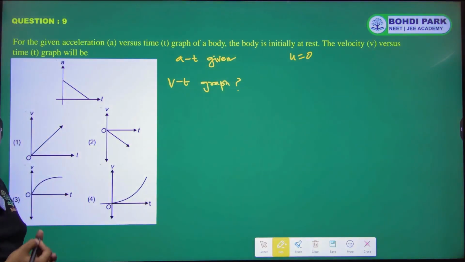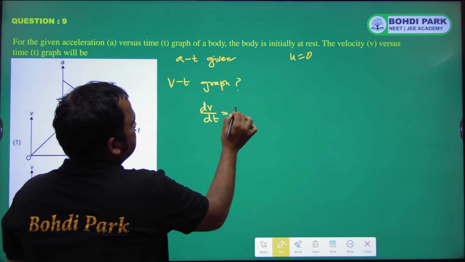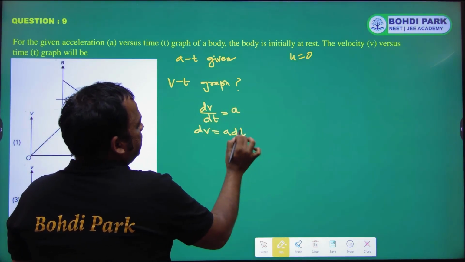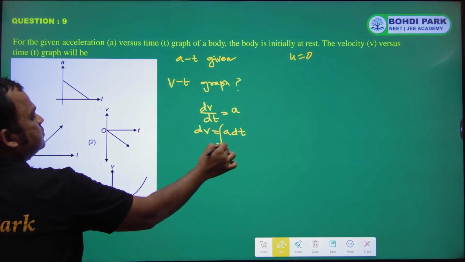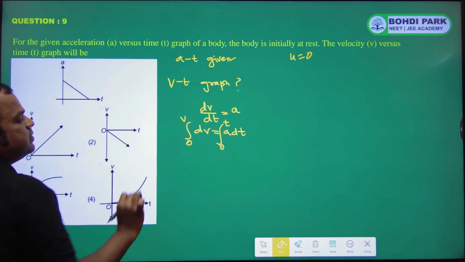So let's use the concept of integration, because we know that dv by dt is equal to a. So dv is equal to a dt, and when time is 0, velocity is 0. After time t, the velocity is v.